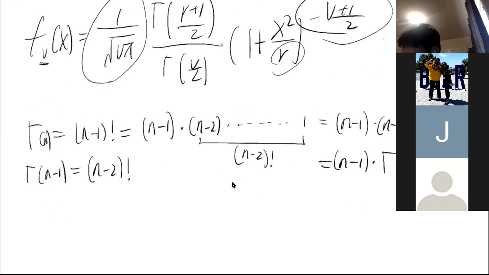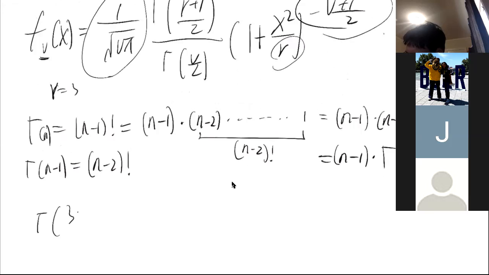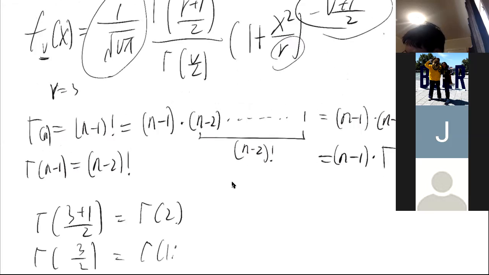Since we're given that nu is 3, we are finding gamma of (3 plus 1) over 2, which is gamma of 2, and gamma of 3 over 2, which is gamma of 1.5. Gamma of 2 is easy to compute. Remember that gamma of n is n minus 1 factorial, so gamma of 2 is 1 factorial, which is 1.